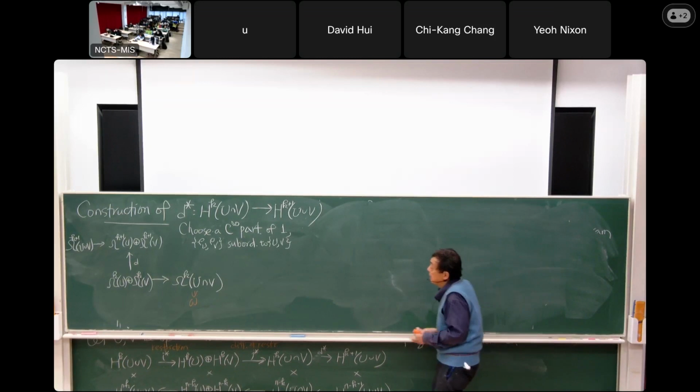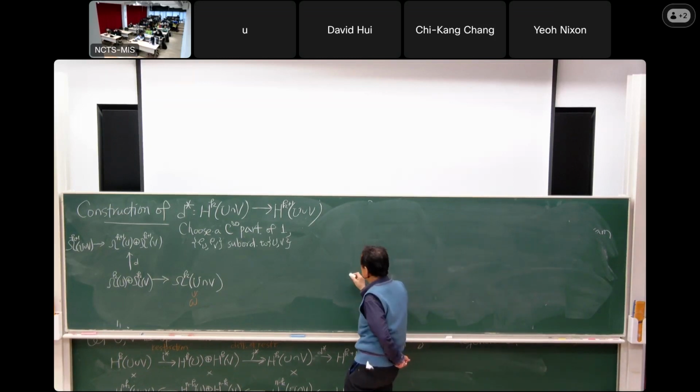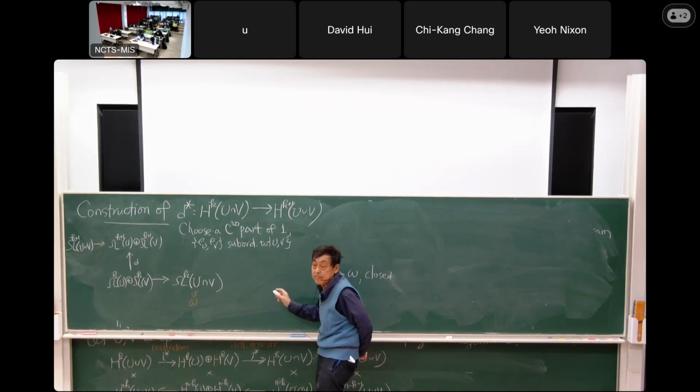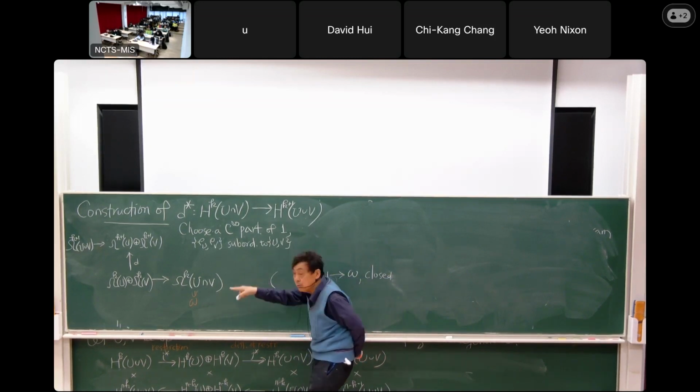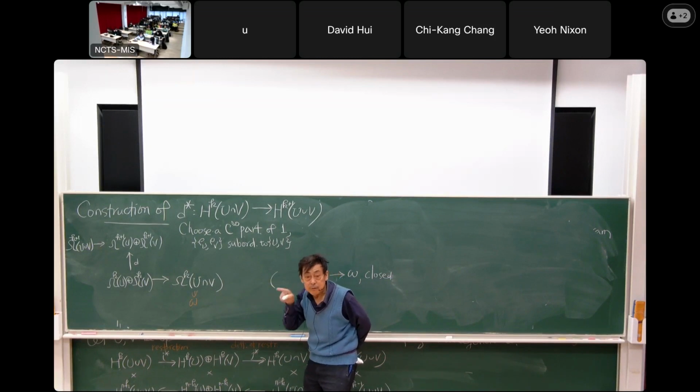Okay. Then if you start with the closed form, it is going to come from a form on U. Now the form on U is multiplied by the partition of unity on the other open set.